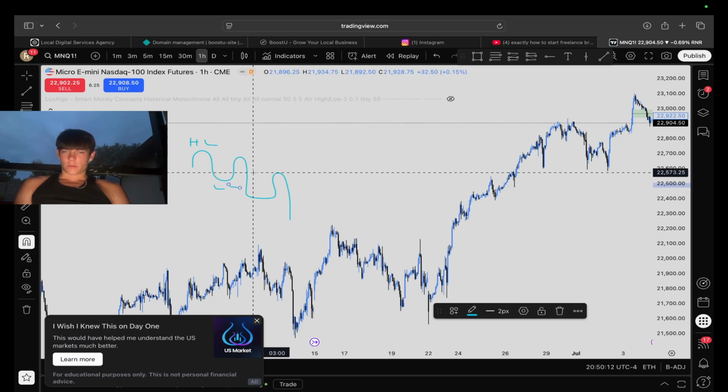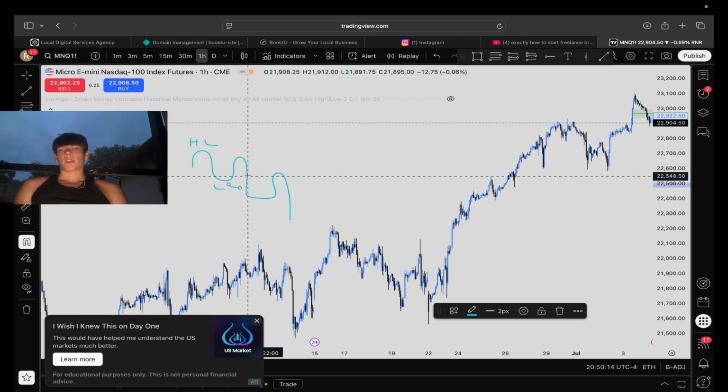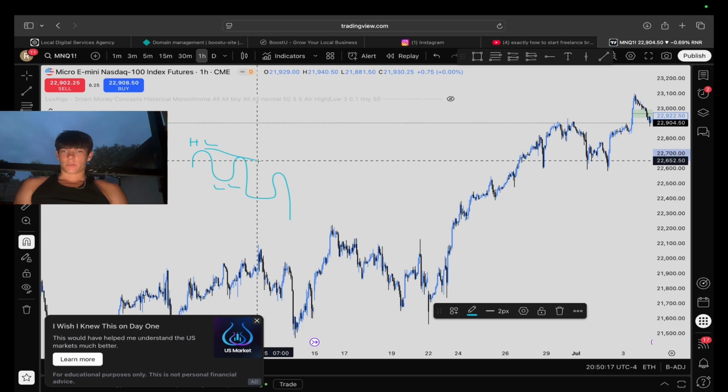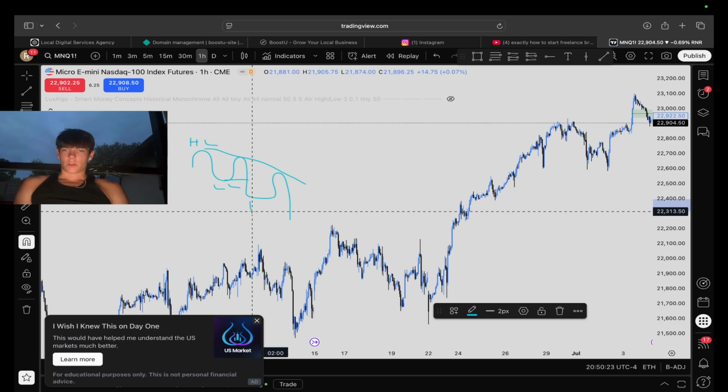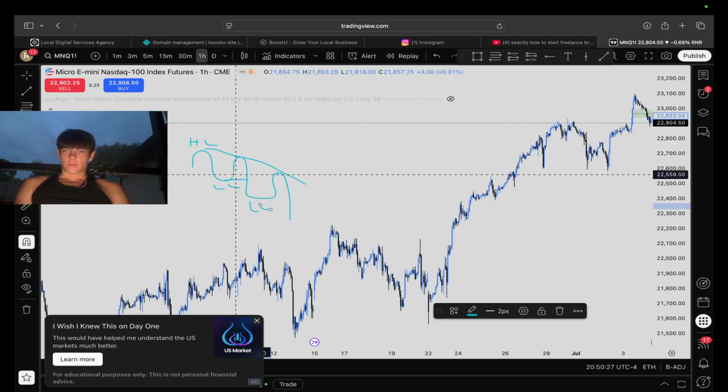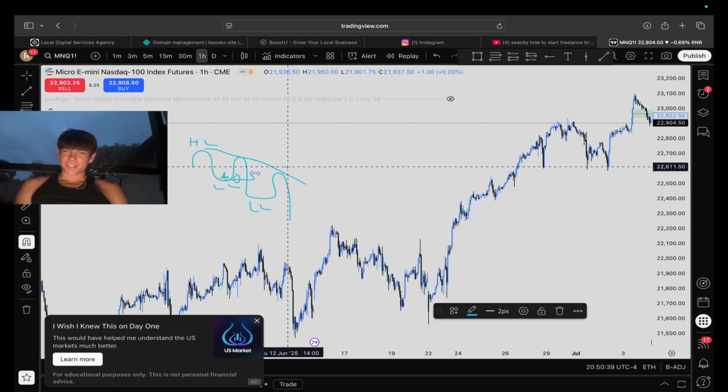And when we are looking at breaks of structure that indicate that the downtrend is going to continue, we want to look for our lower lows to get swept while creating new lower lows. Now, this will be our break of structure right here, and really tight. But yeah, that's our break of structure right there.